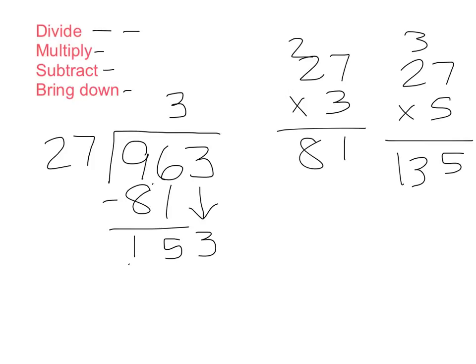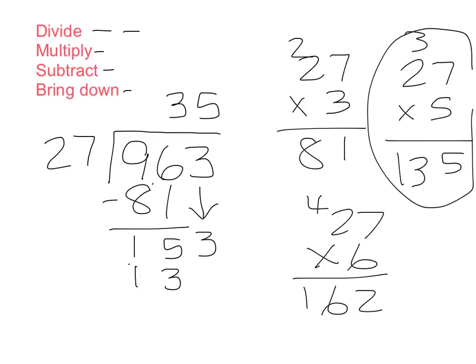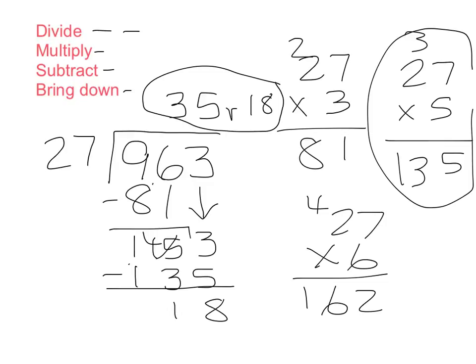I wonder if I can get to 153 if I take 27 times the next one, 6. 162 is too big, so I'm going to use 5. So my divide step gives me 5. My multiply 5 times 27 gives me 135. My subtract step gives me 18. So my answer is 35, remainder 18. Always circle the answer when you're showing your work so it's easy to find it.